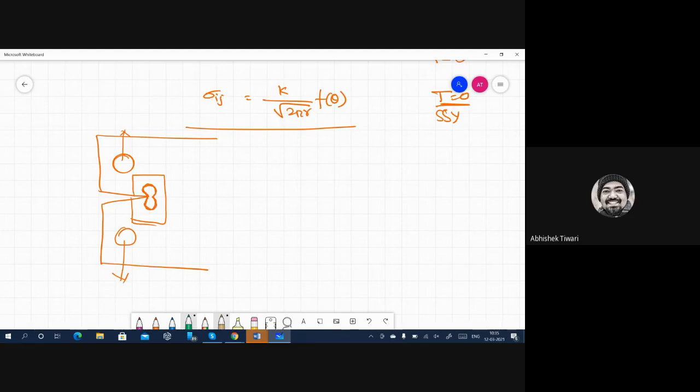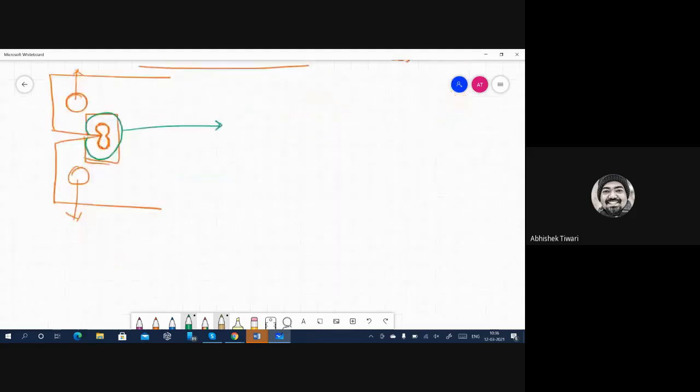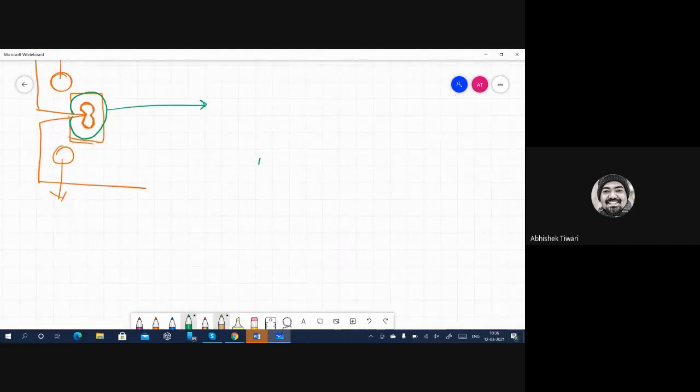So instead of modeling this whole thing, I will take a small scoop of the material out from here, and I will just model that part. Okay. So I take a circular object, completely circular object out of it. And schematically, good. It looks like this.